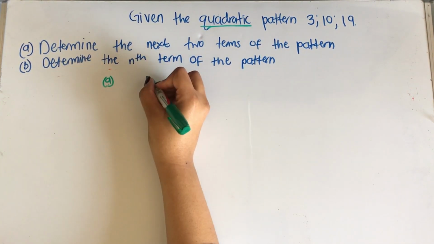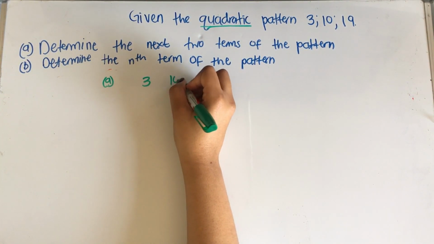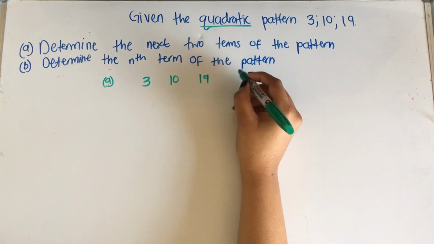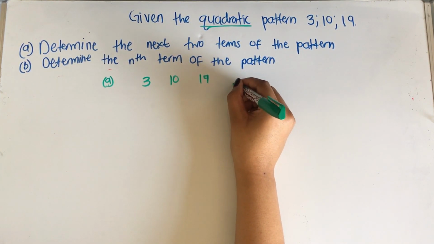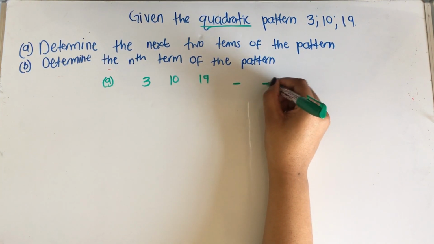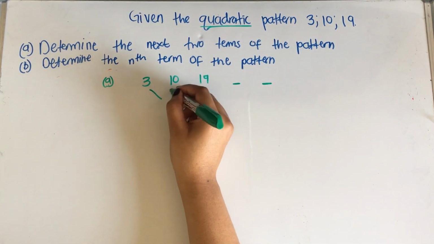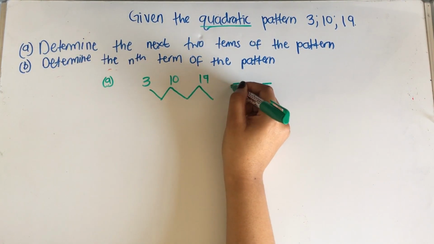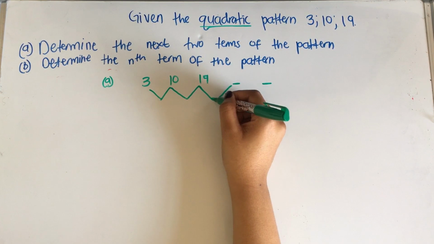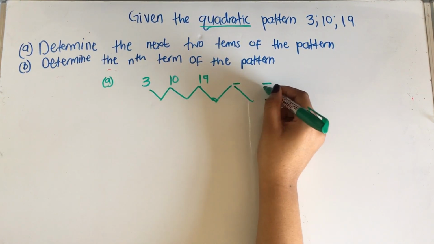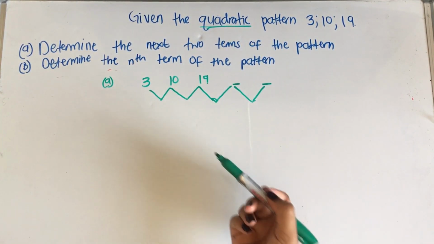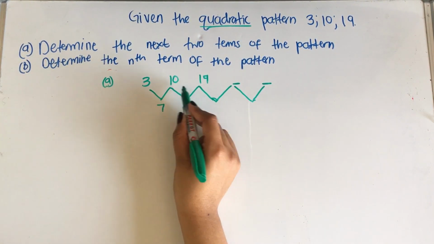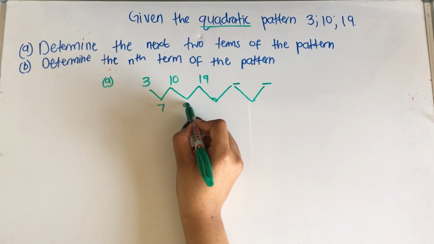Okay, so now we have 3, we have 10, we have 19, and we have this that we don't know. Now 10 minus 3, we get 7. 19 minus 10, we get 9.